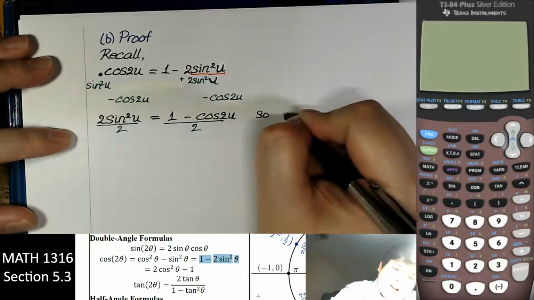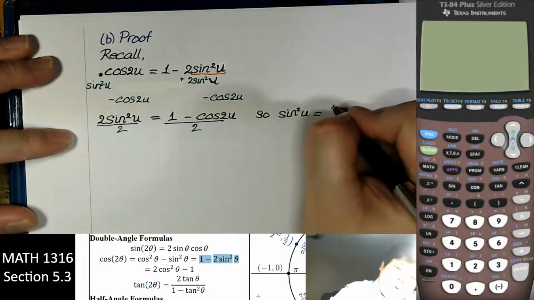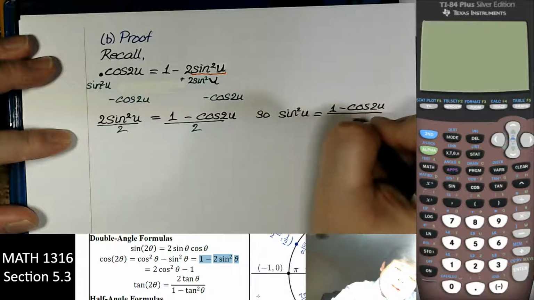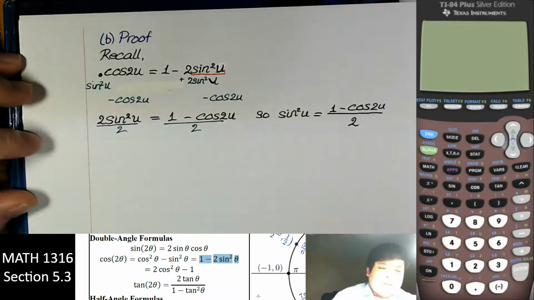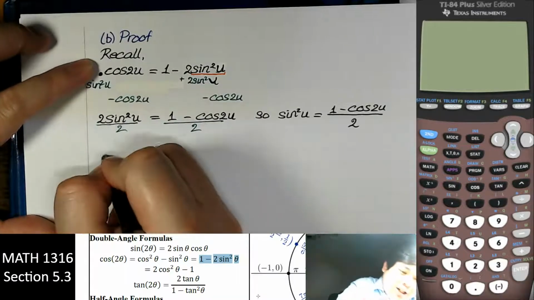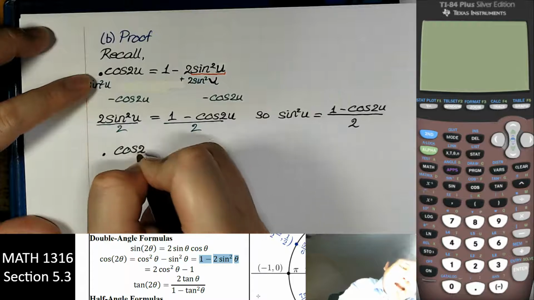So we have sine square is equal to 1 minus cosine 2u over 2. That's very simple. Just write out the formula and then solve for it.